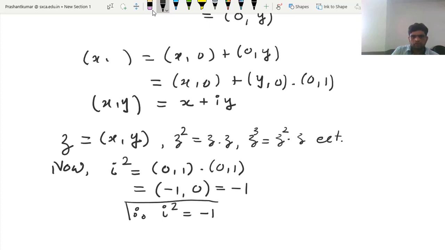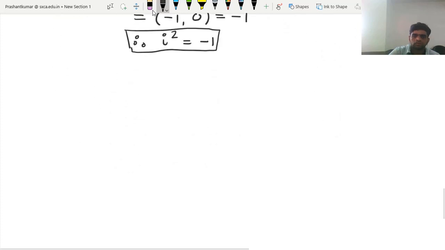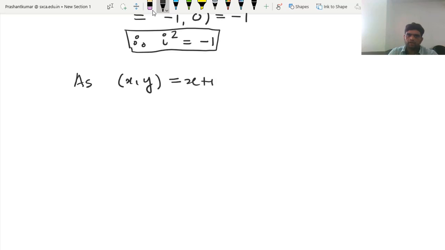So due to this, we can write i squared as -1. Therefore, (x, y) is nothing but x plus iy.